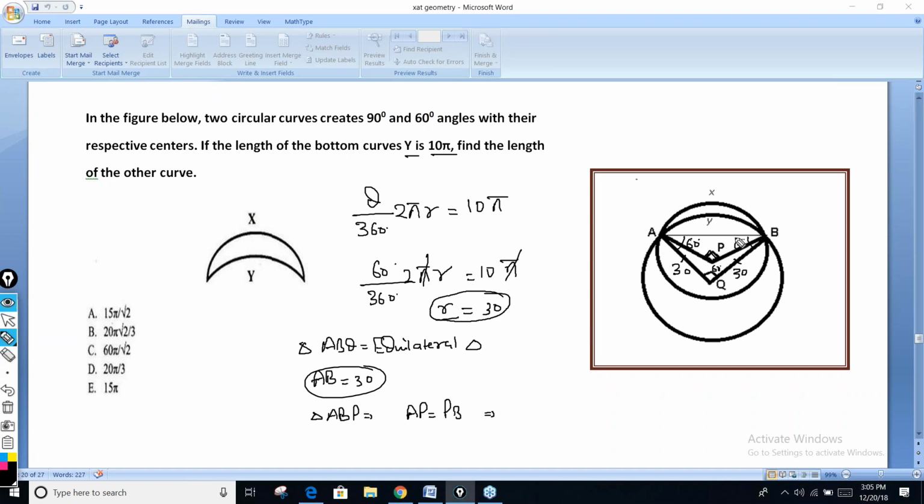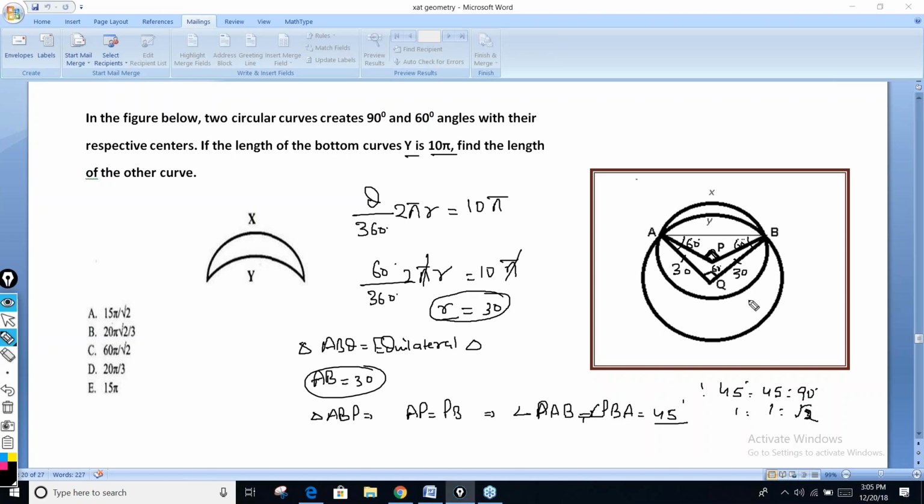So the remaining is 90, and in 90 these two angles will be equal, so these two angles, PAB and PBA, will both be 45 degrees. Now, if you know the relation between the 45 and 90 degree angles, the side ratio is 1 is to 1 is to root 2.